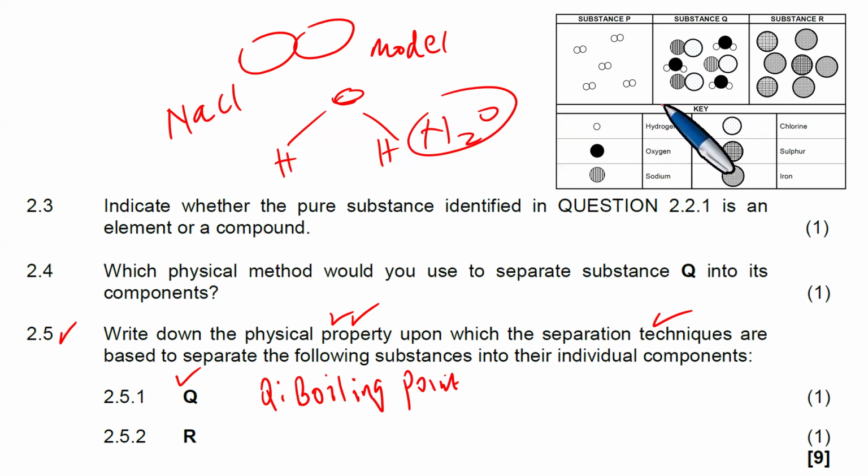With boiling points, we know therefore that water is able to boil because it's water. And now you mix it with salt. Water boils at, for instance, 100 degrees Celsius, and because of its boiling point, water is able to evaporate.